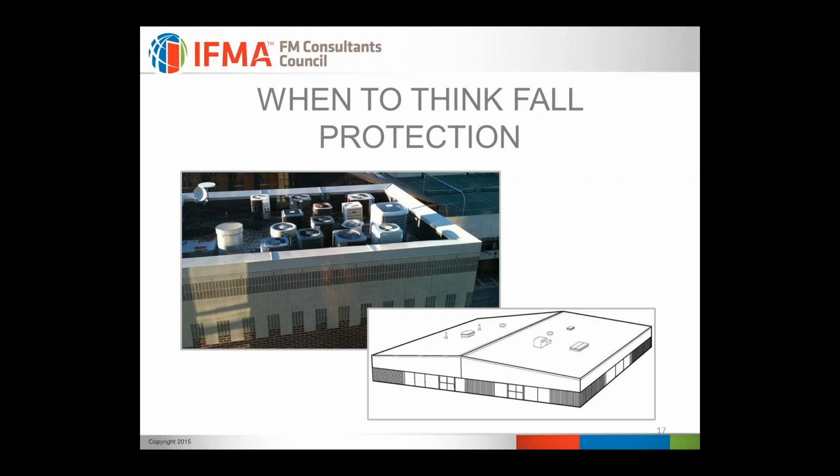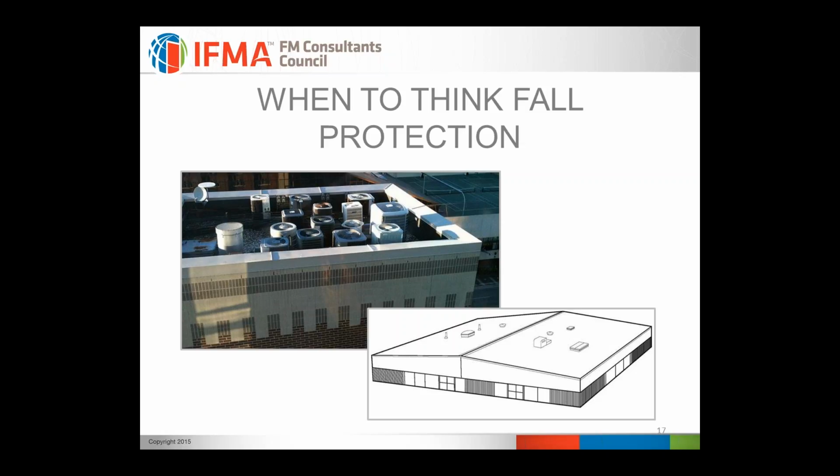So on the screen you can see a couple of different buildings. So the building on the left, I think it's unusual, at least in my experience, to have a dozen or so air handlers this close together on the roof of a building, but I don't know, maybe that's how it's done in that neck of the woods. Regardless, certainly with that many air handlers up there, there's maintenance to be done.